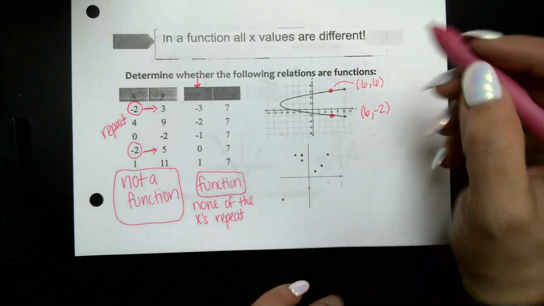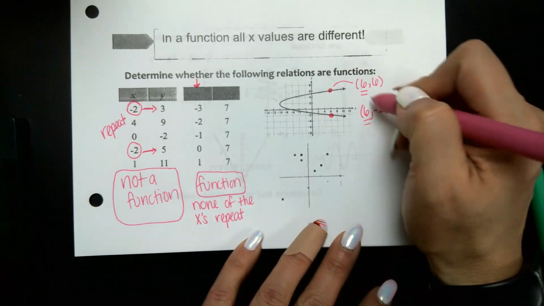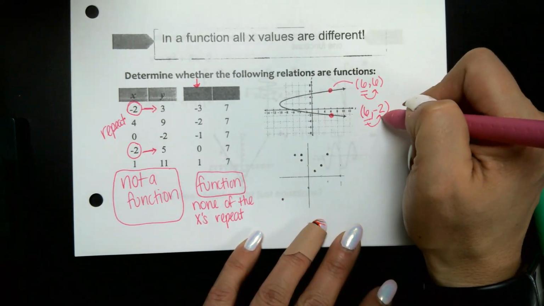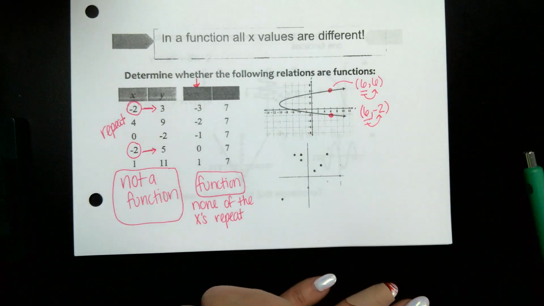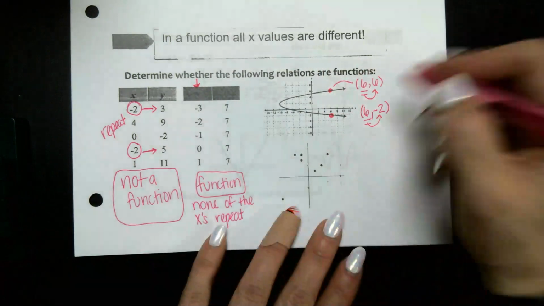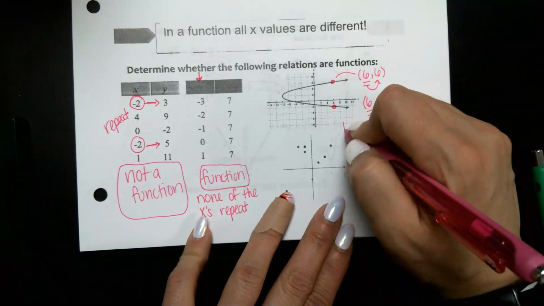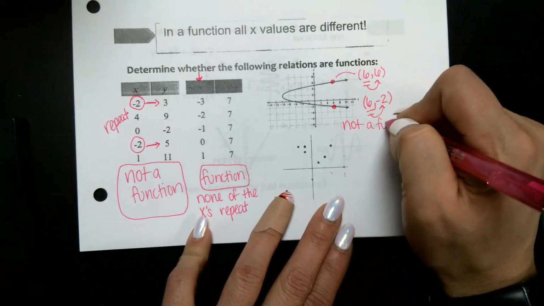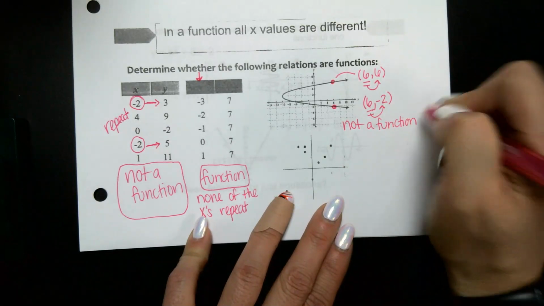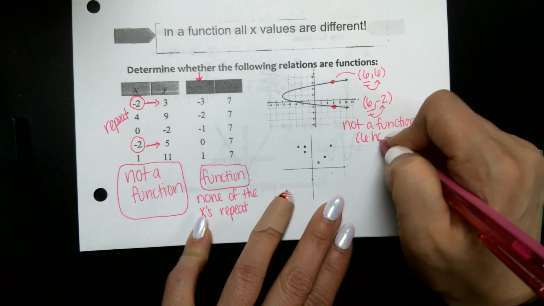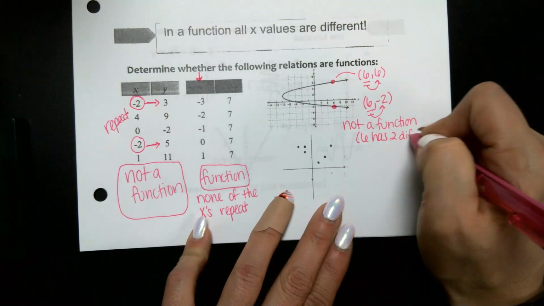Are you allowed to have one x value have 2 different y values? No, not if it's a function. So this one would not be a function because 6 has 2 different outputs.